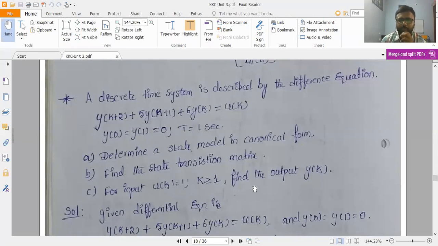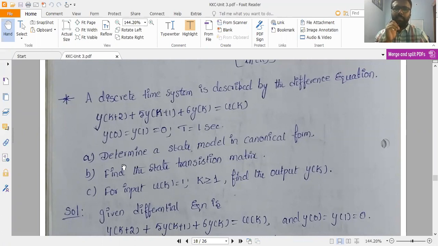You need to determine the state model. That means represent the state model in the canonical form, and after that you have to find the state transition matrix, and for the input you have to find the output. That means first, for the given transfer function we have to apply the Z transform, and after that represent that transfer function in the canonical form, and after that you are able to find the matrix A. For that particular matrix A, you have to calculate the state transition matrix, that is phi of kT, because it is represented in discrete terms.